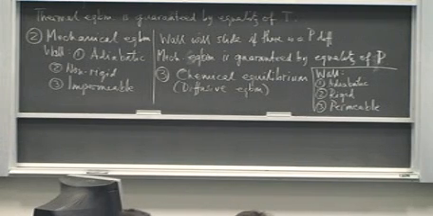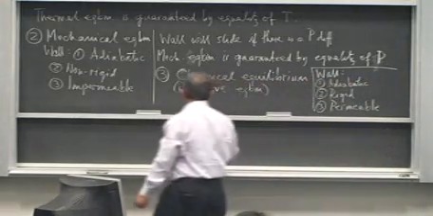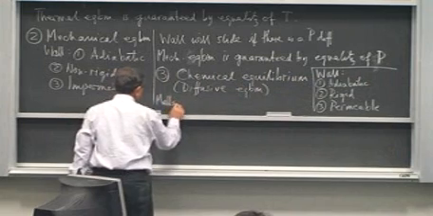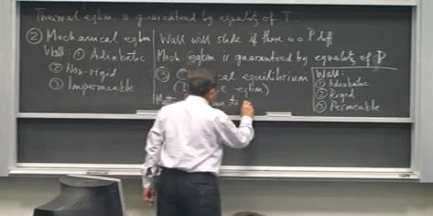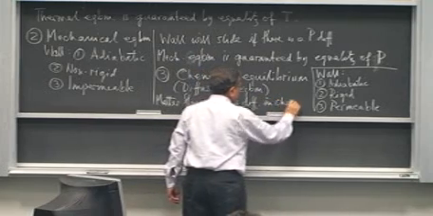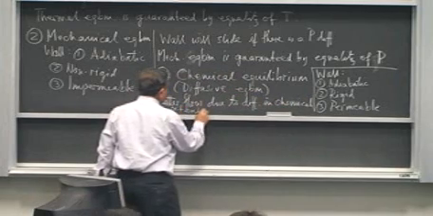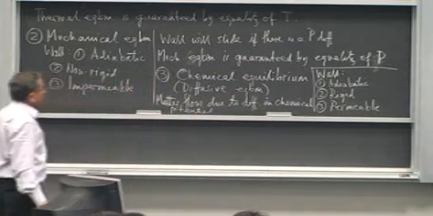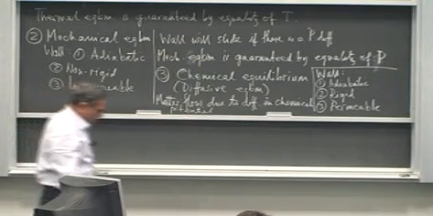Why would matter go? Because matter flow will be due to difference in chemical potential. And again, you will say that chemical equilibrium is therefore guaranteed by the equality of chemical potential on the two sides. Okay?